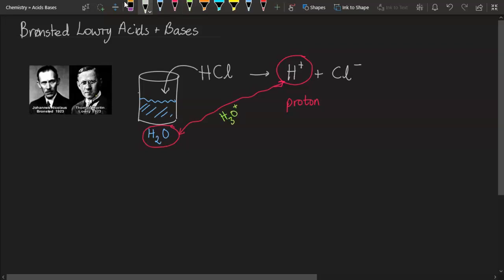Now, your basic reaction for this one here will be written as this. This substance here is called a hydronium ion.